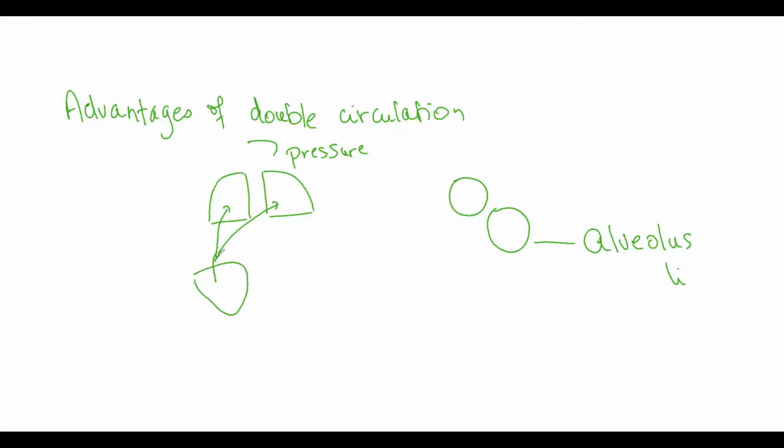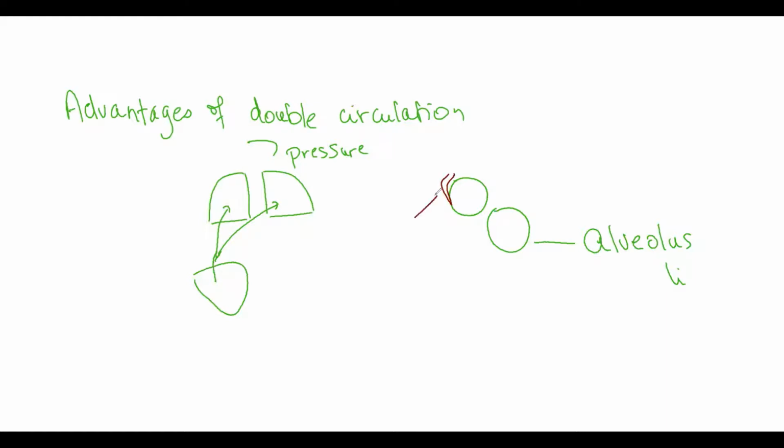The pumping of the heart is giving the blood a certain pressure, or a certain push, a certain force to enter the lungs. In the lungs, the alveoli are very delicate, and they are surrounded with very delicate blood capillaries, very, very delicate and very narrow.